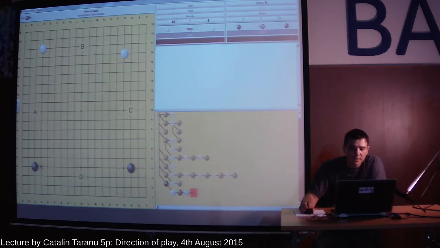This side is the biggest because the distance between the two stones is the maximum possible in this kind of two corners facing each other, but also the direction of play of both komokus on the lower side is towards the side D. You see, as I said before, this kind of komoku is looking towards, for example, the komoku on the lower side, and both of them are looking towards the lower side.